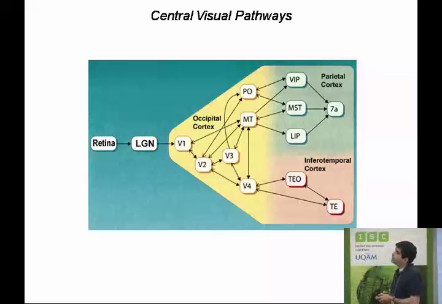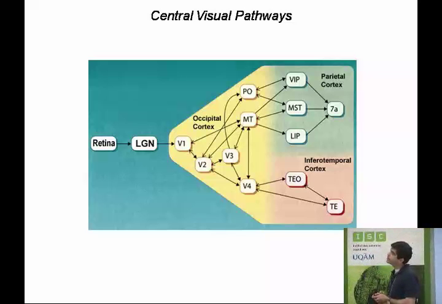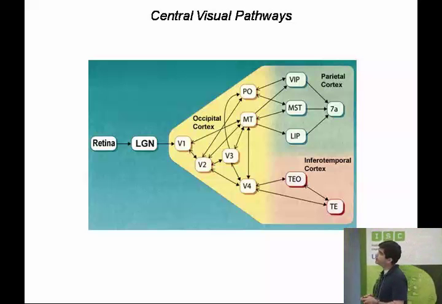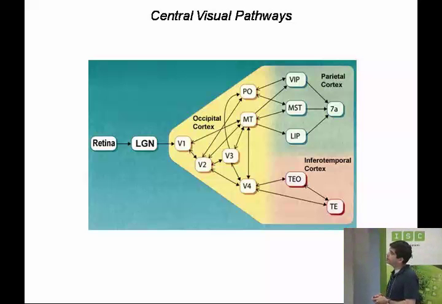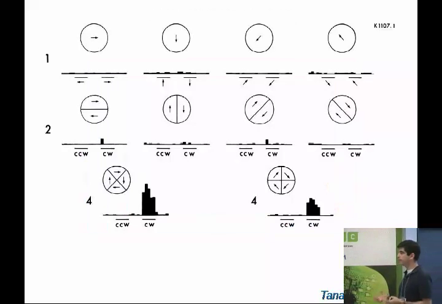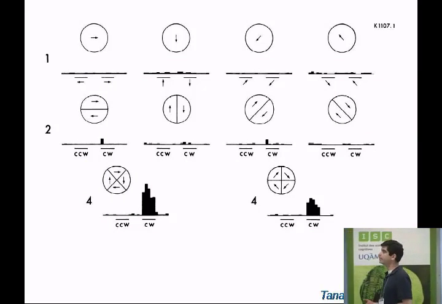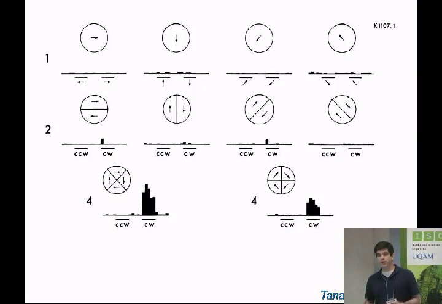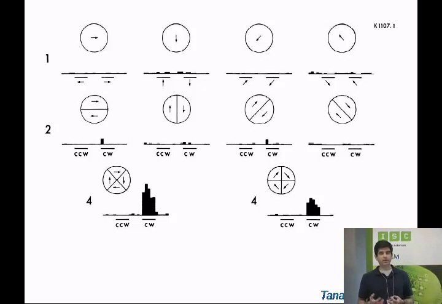Another area that is of great interest, especially from a theoretical point of view, is area MST. MST gets its input from MT, which gets its input from V1. And this is very much like the O.J. Simpson cell of the dorsal visual pathway. It's not nearly as glamorous in the sense that it doesn't pop out at you as being selected for something very interesting.